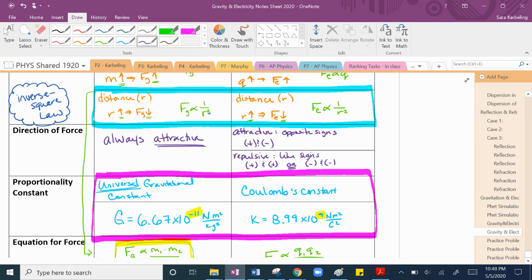One other little side note, because it's kind of a pet peeve of mine, and that is to say that when we're talking about charges, charges are positive and negative, okay? They are not the same as magnetic poles. So we are not talking about north and south.